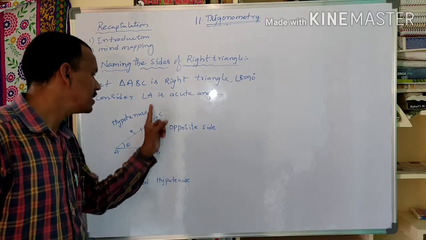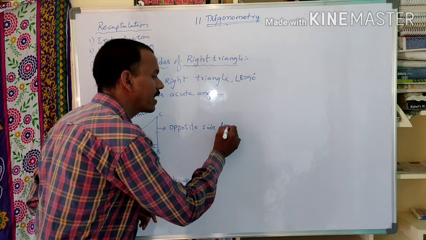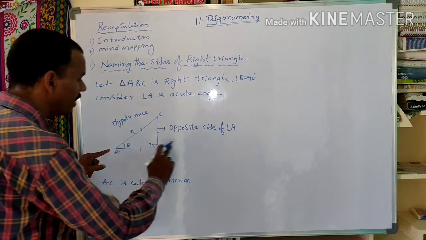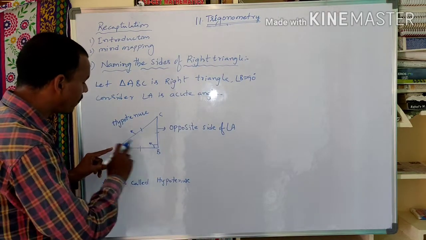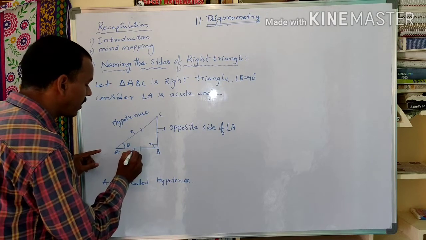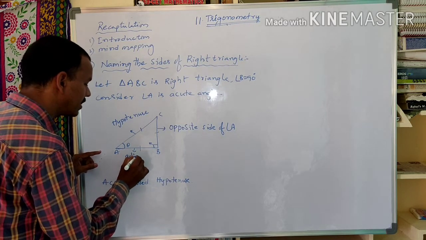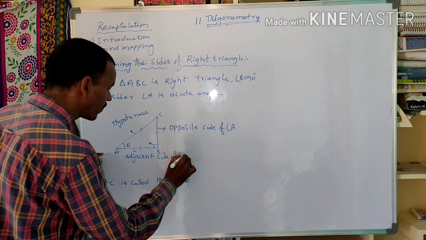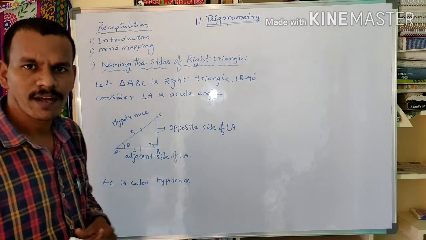That's why BC is called the opposite side of angle theta, or of angle A. Next, the side AB is beside angle A. That's why it is called the adjacent side of angle A.